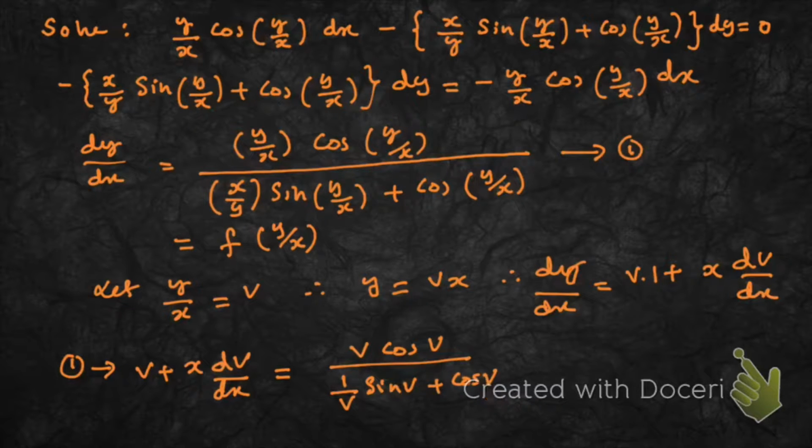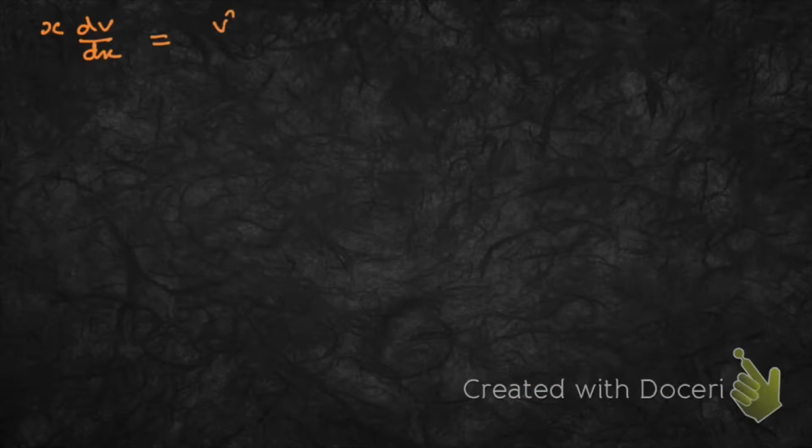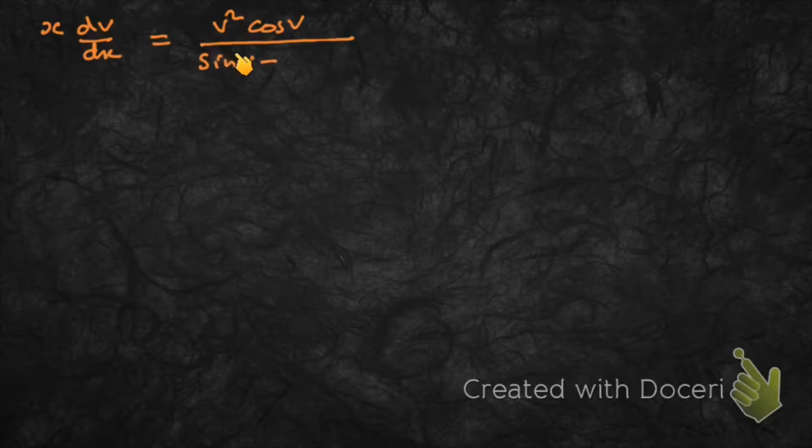So I multiply both numerator and denominator by v. So that's what I would get, because v into v cos v makes it v square cos v. Here the v gets cancelled and this becomes v cos v. So this is what we ended up with.